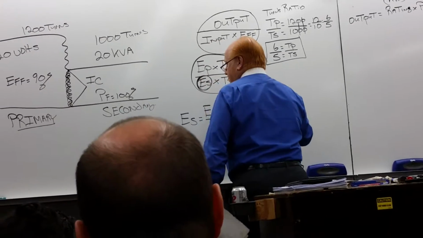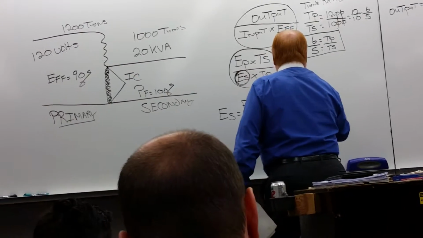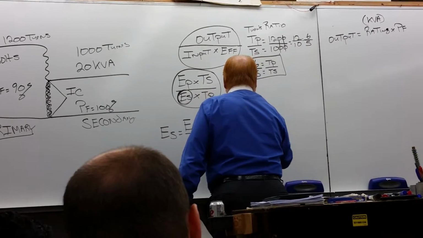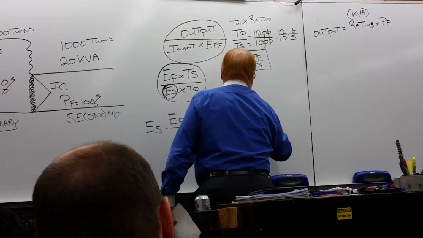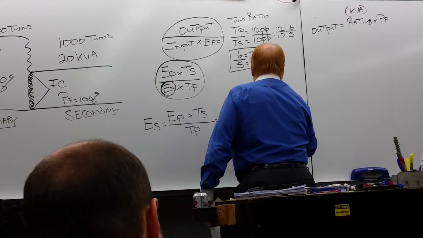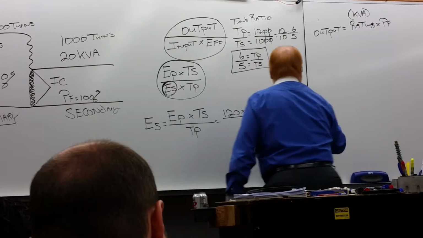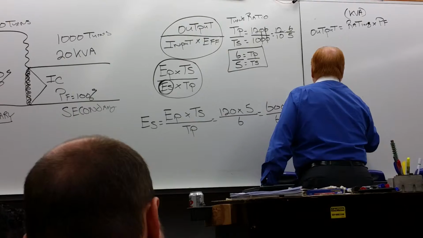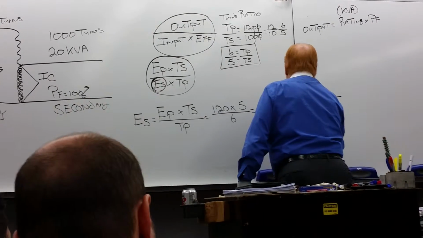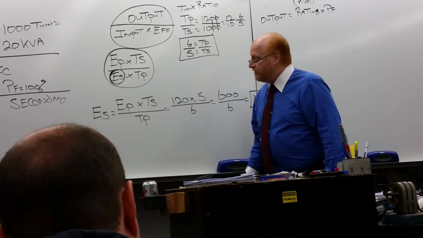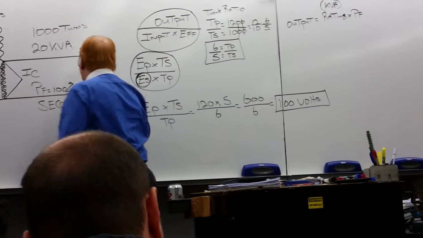Or simply we're saying, 120 times TS, which is 5, over TP, which is 6, or 600 over 6 gives us 100 volts on our secondary side. We have the voltage on the secondary side.